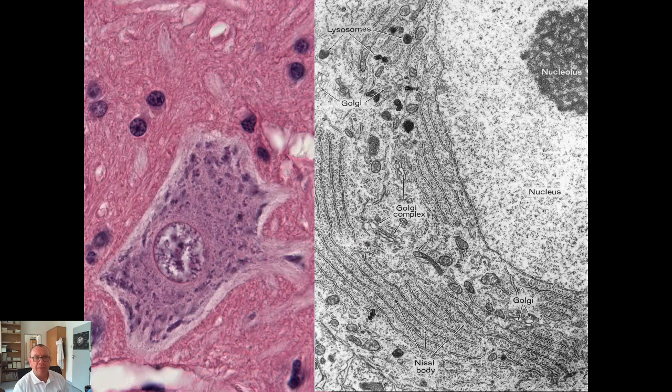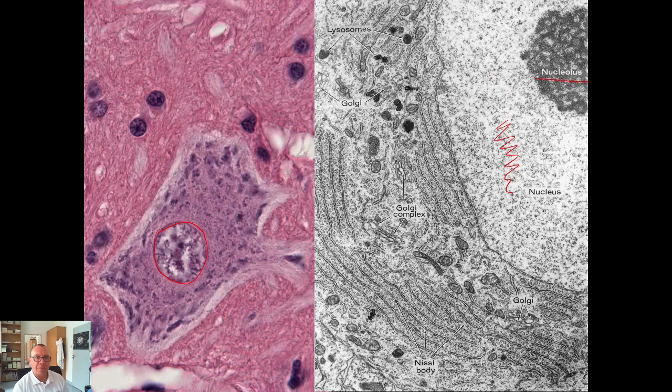Neuronal body in the light and electron microscope. These pictures well correspond. Nucleus is very light, rich in euchromatin in the light microscope, and of course the same situation is here in the electron microscope. Almost only euchromatin is here and a big nucleolus.